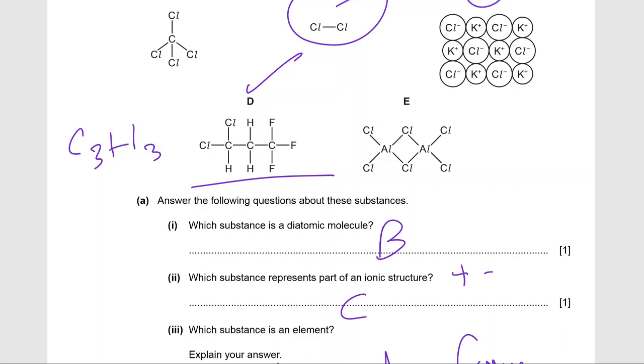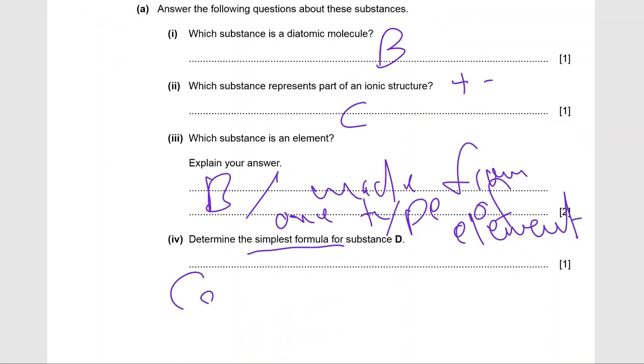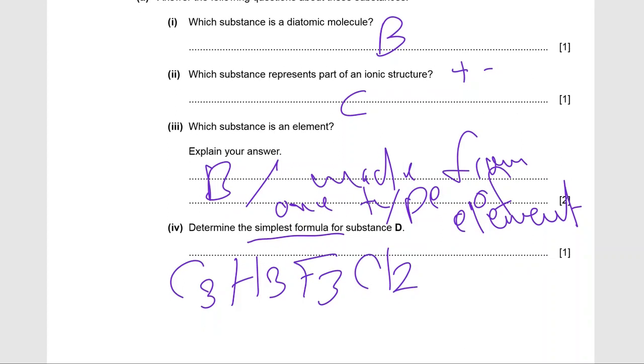Then fluorine also 3, and 2 chlorine. So C3H3F3Cl2. This is the simplest formula.